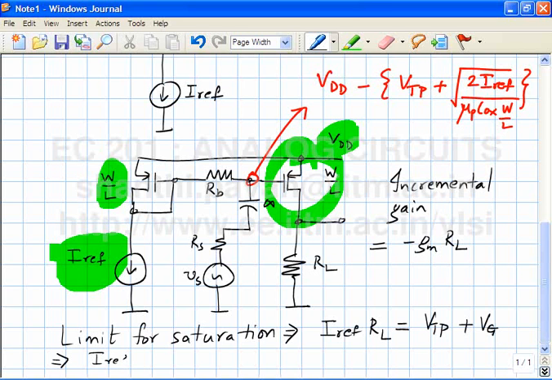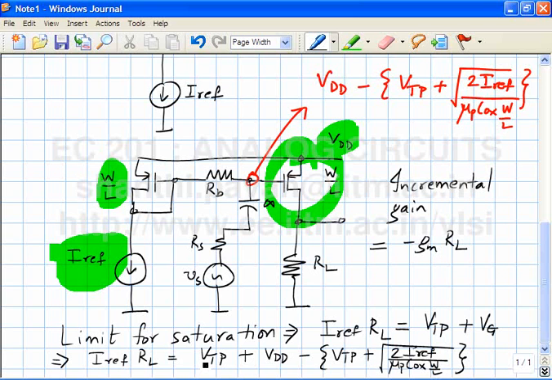It's at VG, which means IRef times RL must be VTP plus VDD minus VTP plus square root of 2 IRef by mu P Cox W by L. You understand?